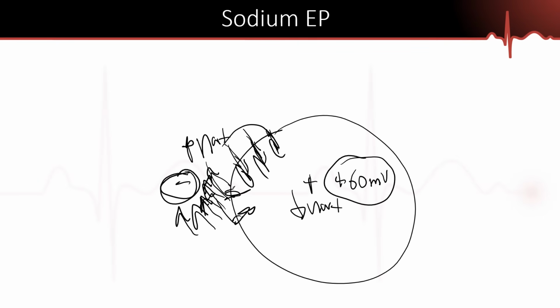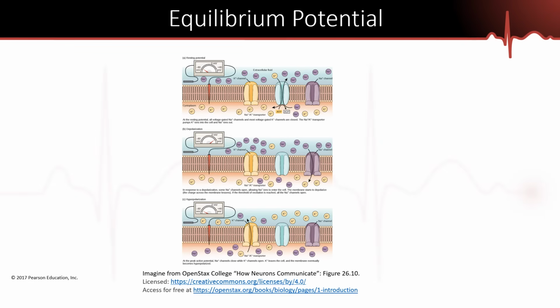And for that particular ion at that point, there's going to be no net efflux or influx of that ion once we hit the equilibrium potential. So that concludes our discussion of the equilibrium potentials for sodium and potassium with regard to neurons.